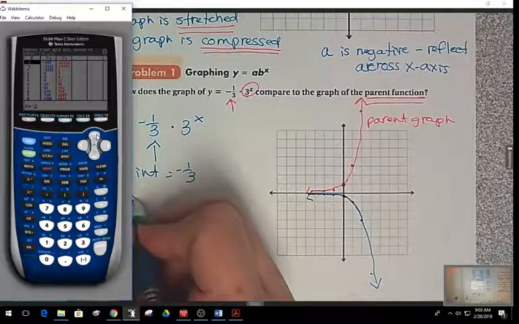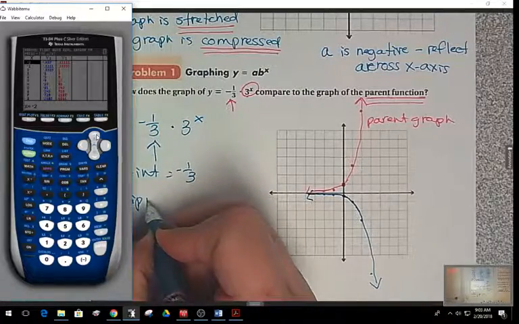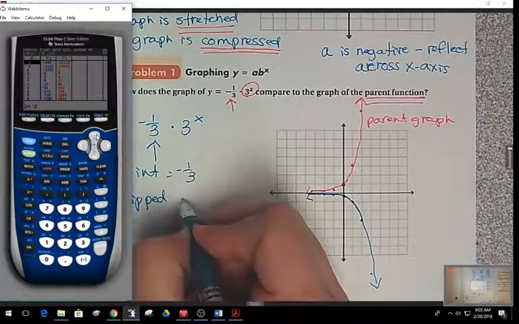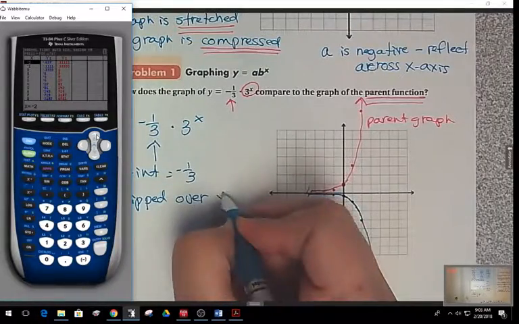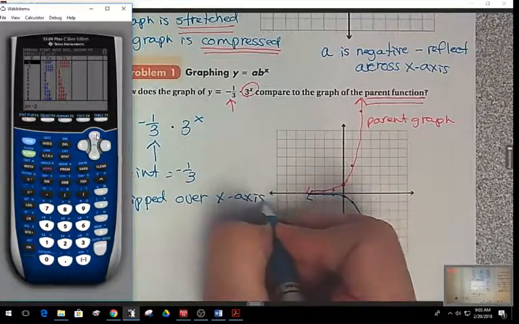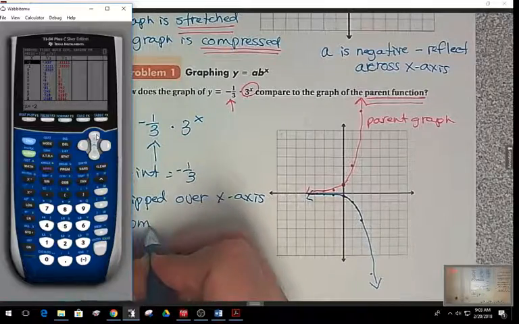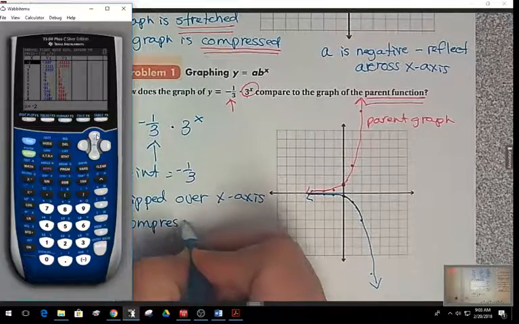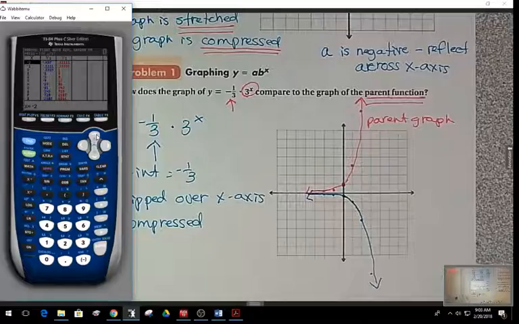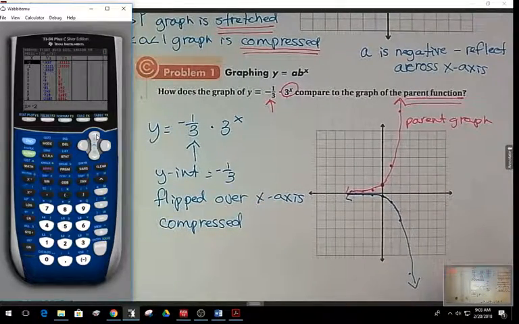It flips your graph over the x-axis, and it is compressed because 1/3 is between 0 and 1. The negative just tells me it's flipped over. Other than that, I pretty much ignore it.